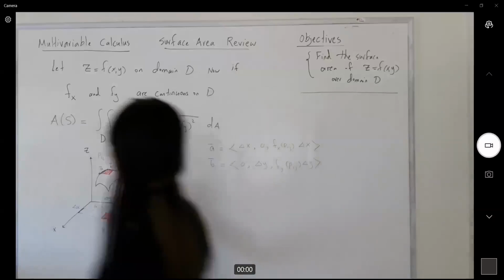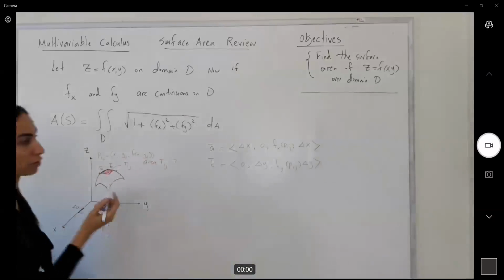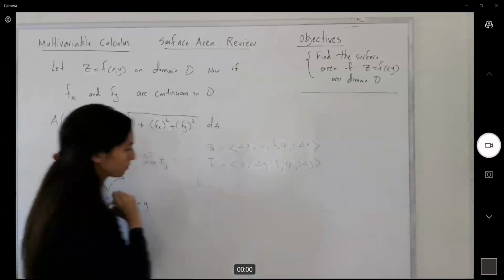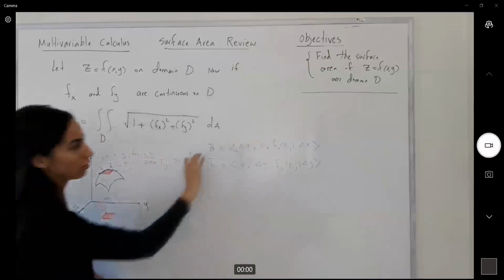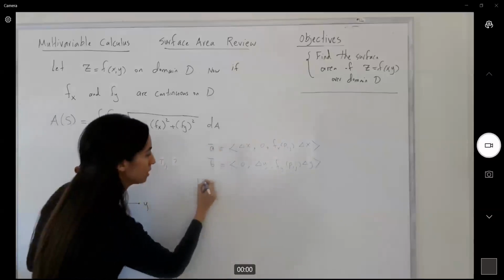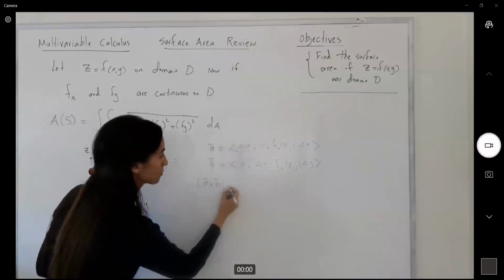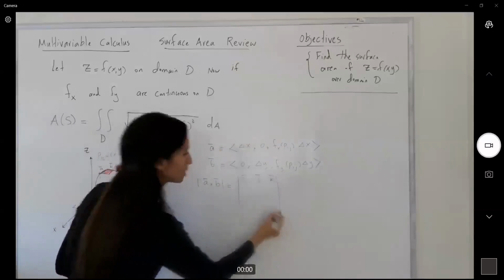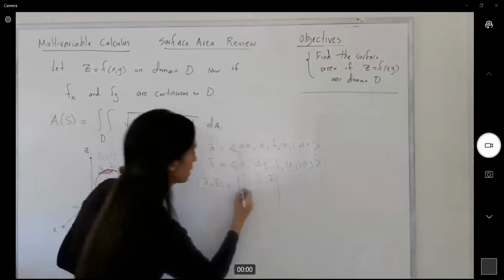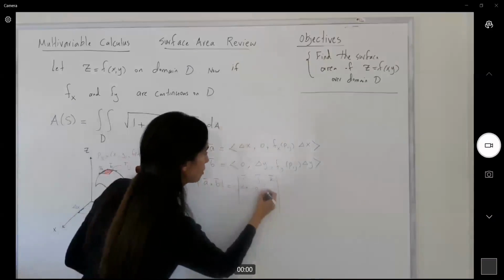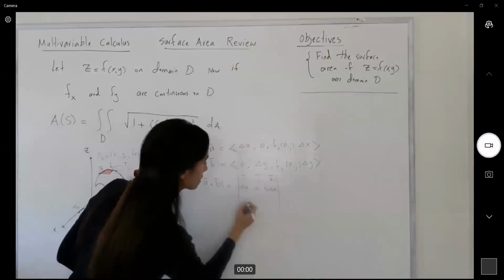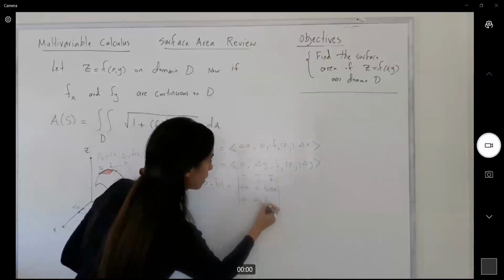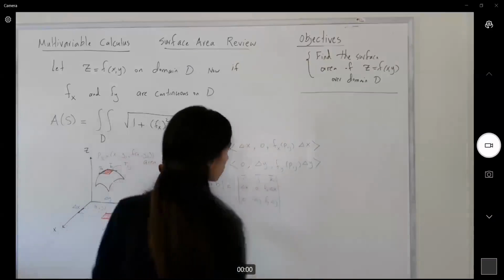Now to find this little area, we're going to find the magnitude of the cross product between A and B. This is equal to the determinant with i, j, k. As you can see, we're getting back to elementary calculus. Delta x, 0, f of x delta x, and 0, delta y, f of y delta y.